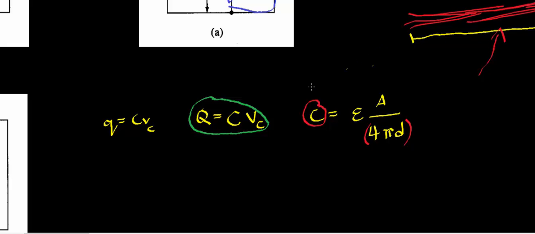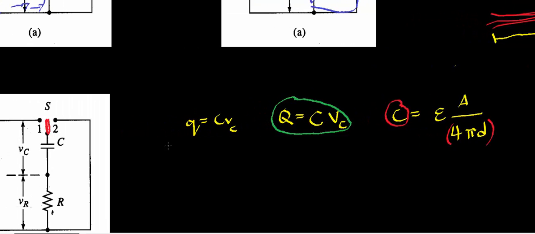Let's express the left equation in terms of differential notation. So what we can say is that dq, an infinitesimally small change in the charge, is equal to C, the capacitance, times an infinitesimally small change in the voltage across the capacitor. What we can do now is divide both sides by dt.